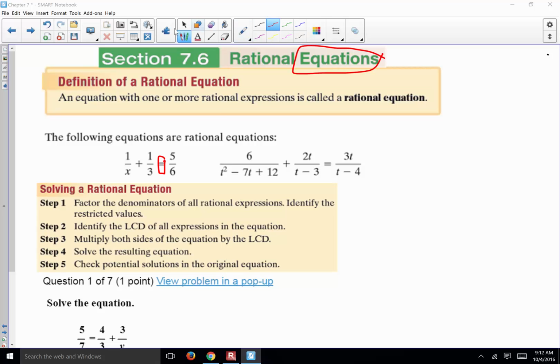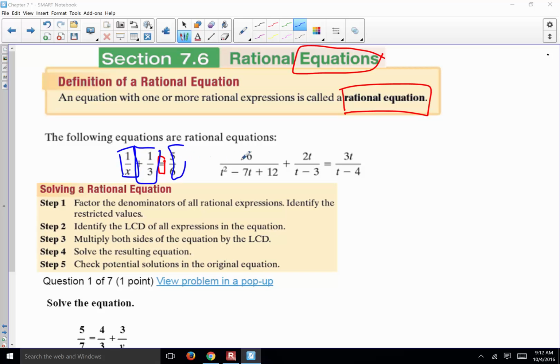But why don't we first make the final definition of rational equations. Rational equations are equations, where equal sign symbols will show up somewhere, involving fractions, ratios. So any equation involving a fraction, such as you have this, we call it a rational equation. You may have more than one.